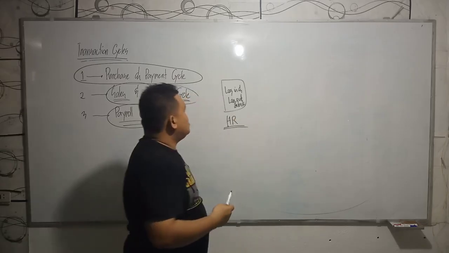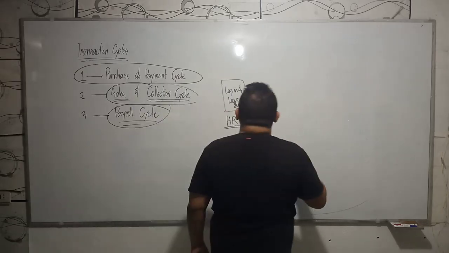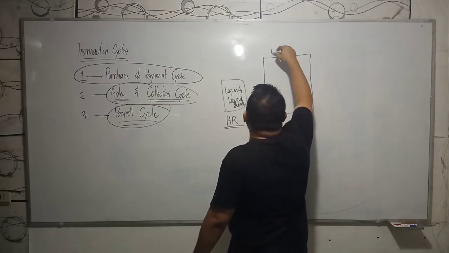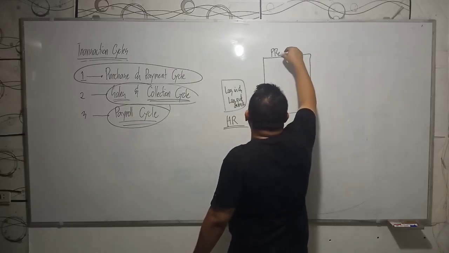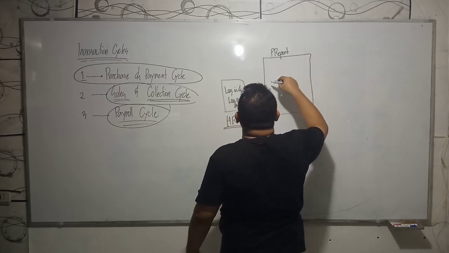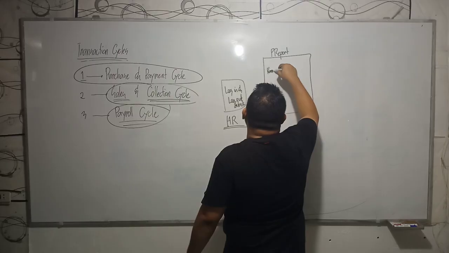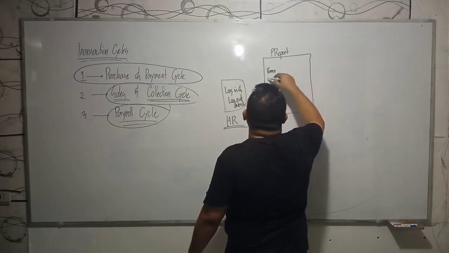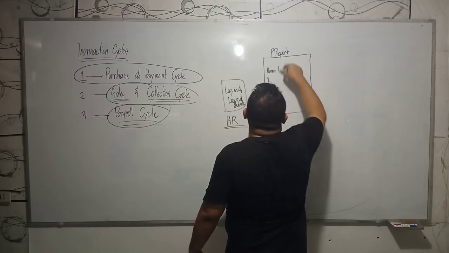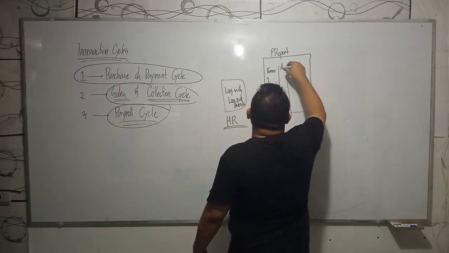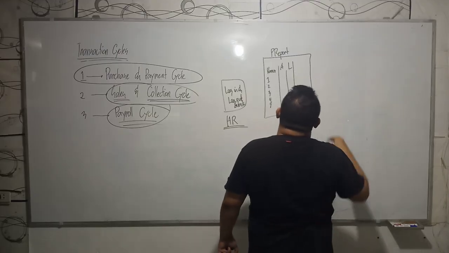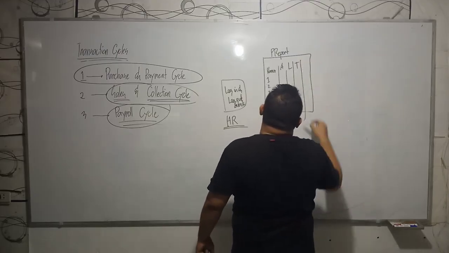Okay? And after that, the HR will make a report. It could be a payroll report, wherein it is normally composed of the names of the employees, and then after the names, you will have some absences, leave, like sick leave and etc., or tardiness, something like that.